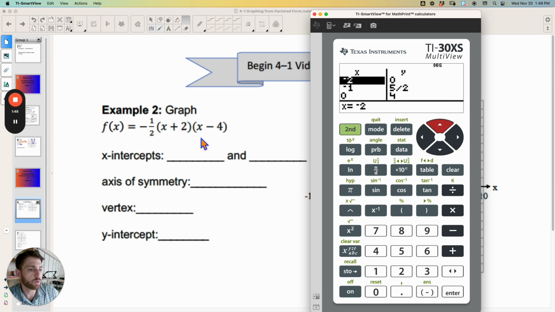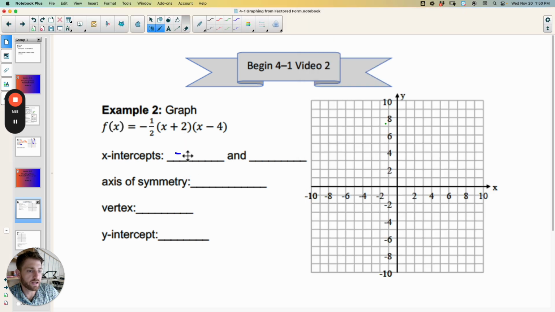And that corresponds with what we have here. Remember, think opposite day when you're looking at these equations. If this is a +2, this is going to be -2, 0 for one of my x-intercepts, and I'll plot it. And if this one's a -4, this will be +4, 0. So here and here. Those are my x-intercepts.